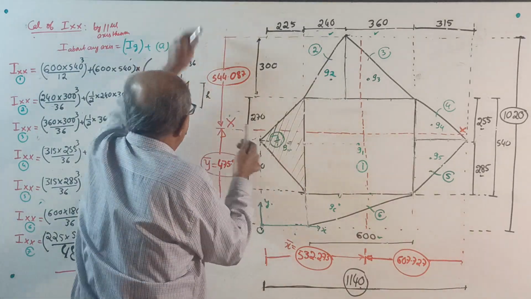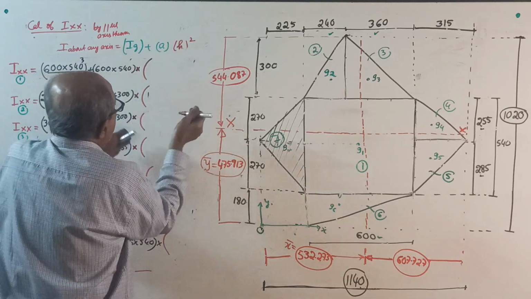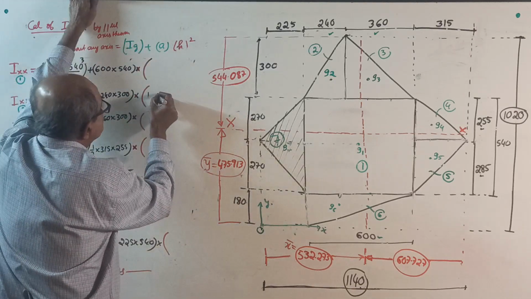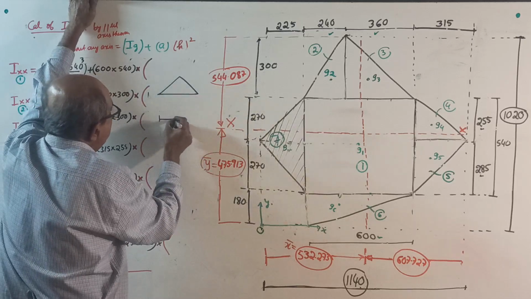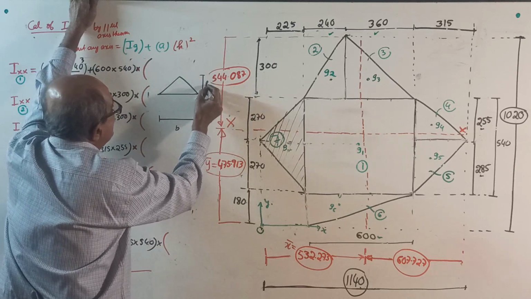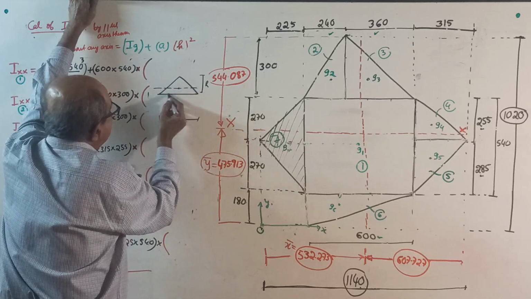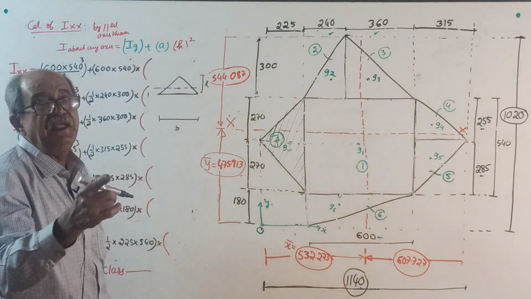For this triangle, be careful. Remember, if it is an isosceles triangle, suppose the isosceles triangle is this way. For example, if this is the base and this is the height, the centroid is here. For this axis, this is the base. The base is at the extreme edge.